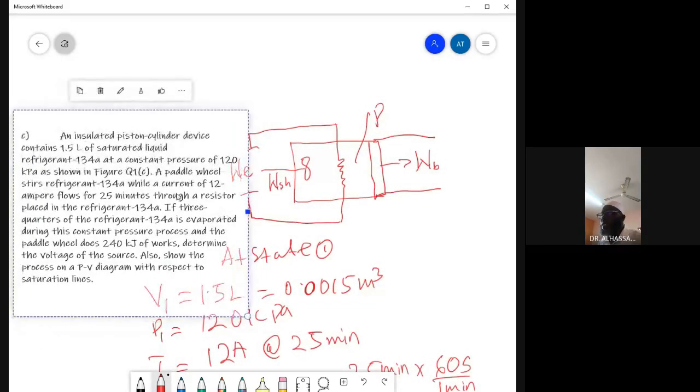Yes, in the question we are told that an insulated piston cylinder device contains 1.5 liters of saturated liquid at constant pressure of 120 kilopascal, as shown in the figure below.